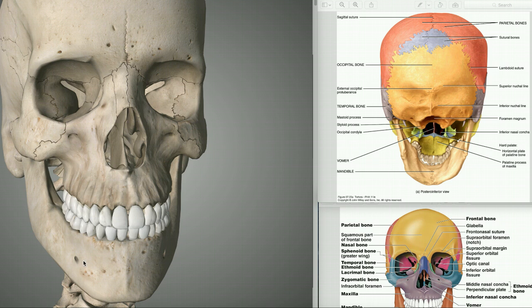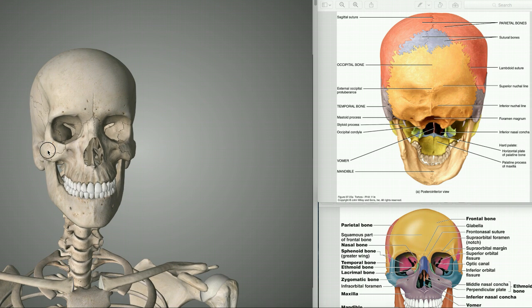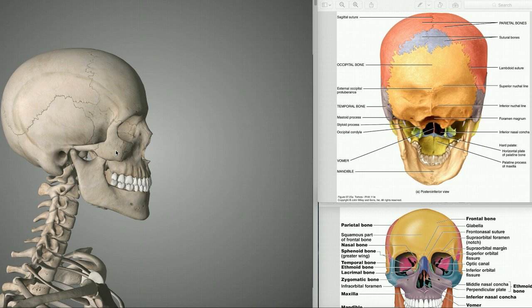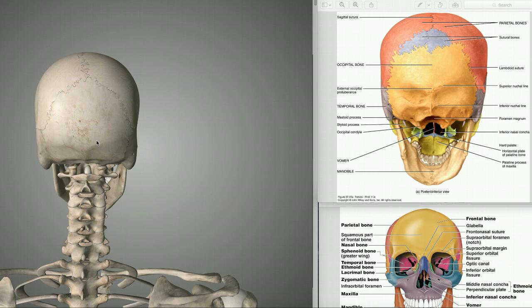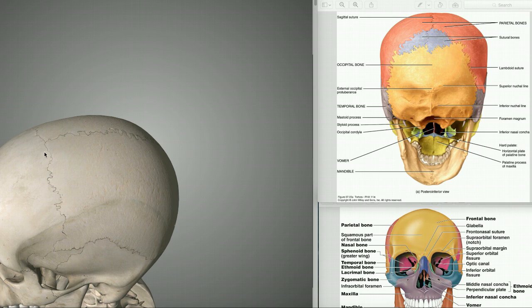This is the jaw, known in medical terms as the mandible. Around here we have the zygomatic bone, zygomatic arch, and the temporal bone. You have this part of the sphenoid bone that forms it. Then you've got the parietal, the lambdoid suture, the occipital, the occipital protuberance, superior nuchal line, and inferior nuchal line. You've got the coronal suture on top and the sagittal suture on top.